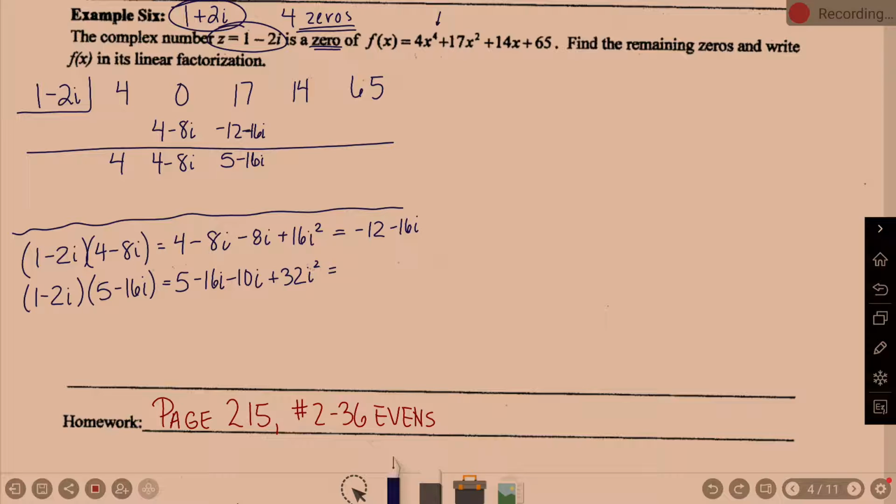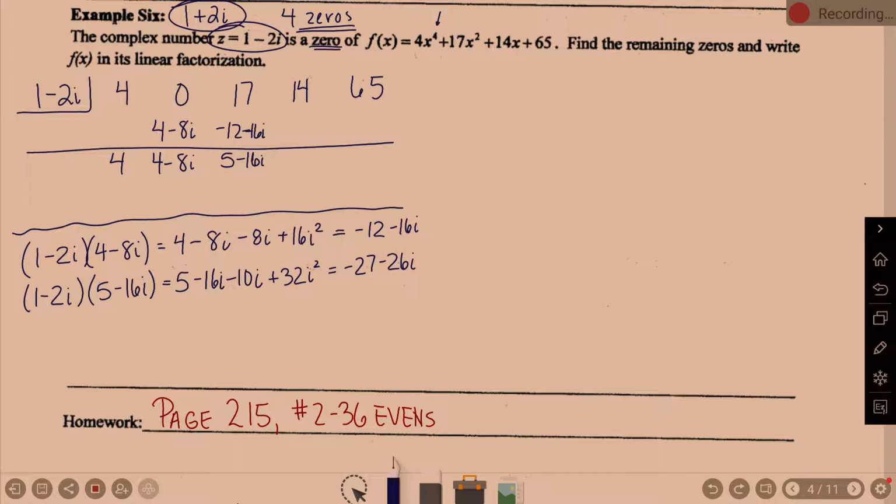We've got a 5 here. Plus 32i squared is really going to be minus 32. And 5 minus 32 is negative 27. Negative 16i minus 10i, I'm going to say minus 26i.